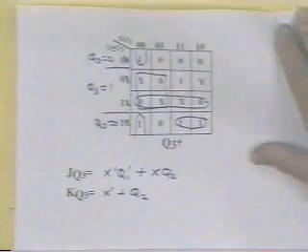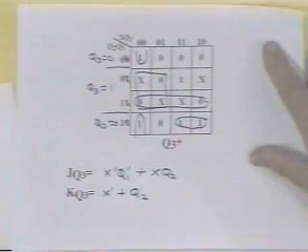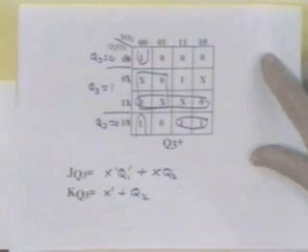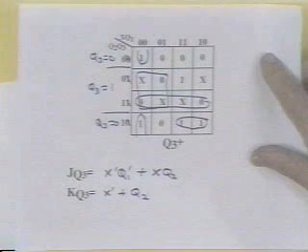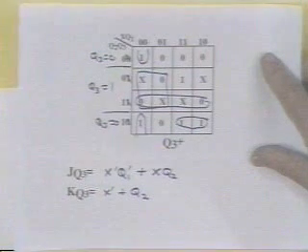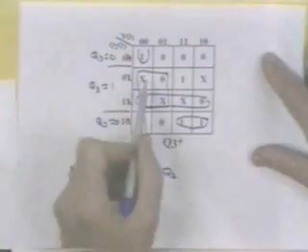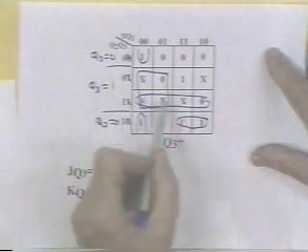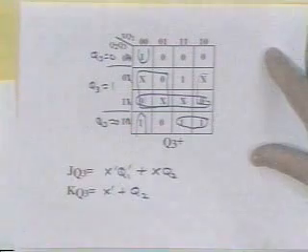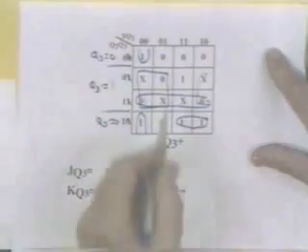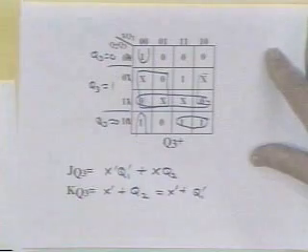So we've derived the equations here, and there may be another way to loop this, but this should suffice. We could have looped this pair here also, which would have given us a different solution, X prime plus Q1 prime. Either one is fine.